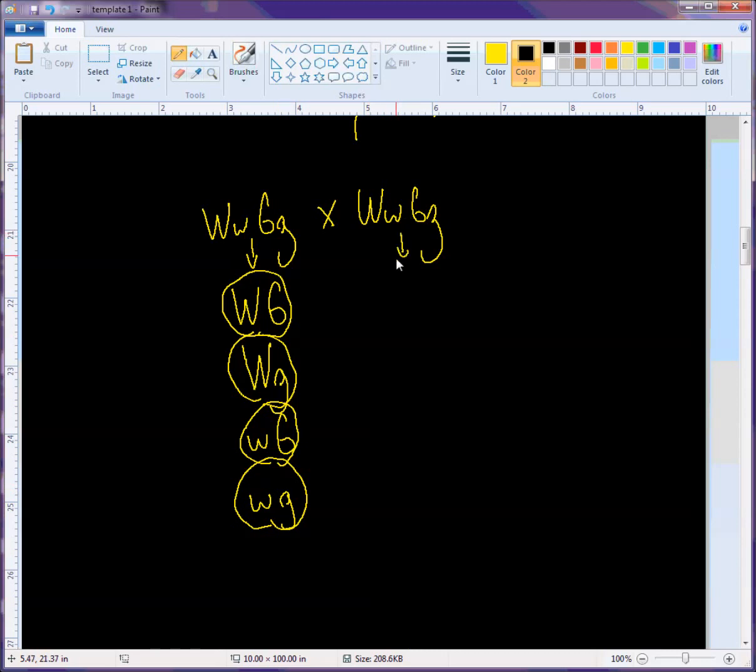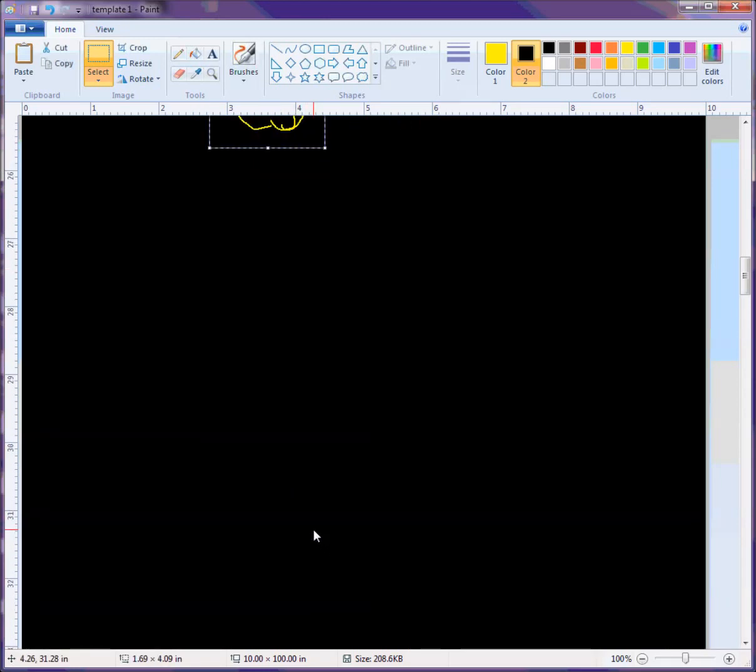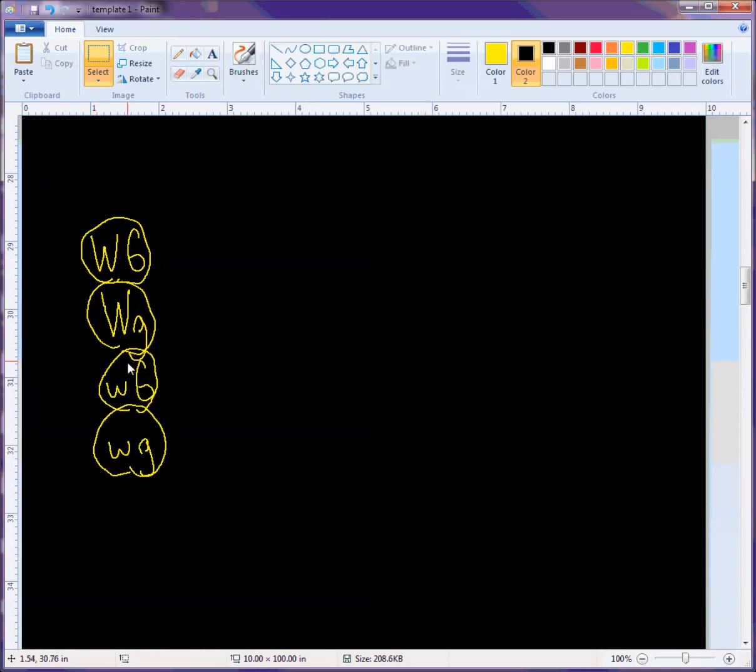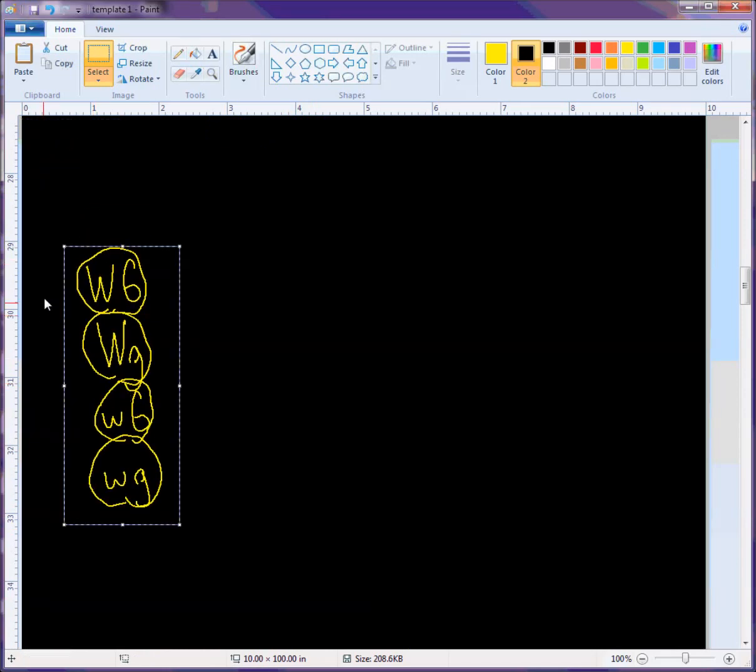It's got the same genotype, so it can make the same 4 genetically distinct gametes. So what I can do now, and this would be using the Punnett Square method, take these, I'm going to paste those over here. Okay, so we need to include these 4 gametes in our Punnett Square.